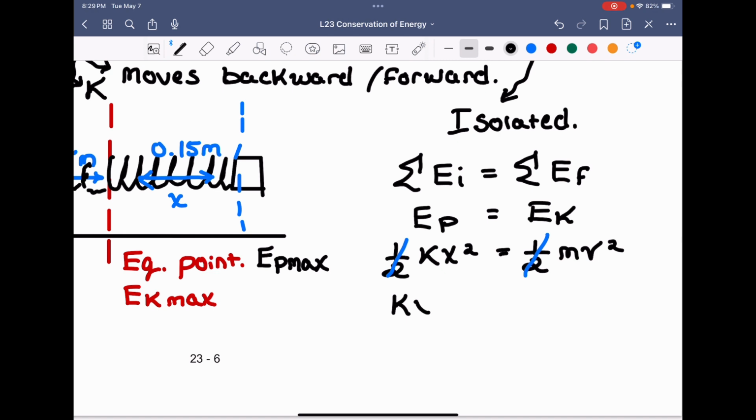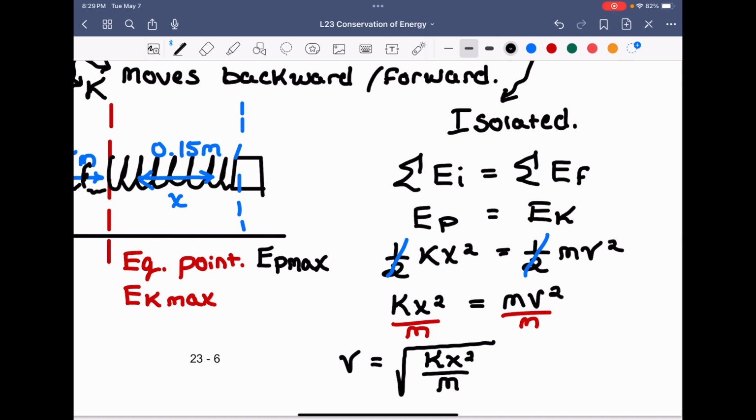Now this is going to leave us with kx squared, which is equal to mass times the speed squared. I'm going to divide both sides by mass. And when I divide both sides by mass, I get that the speed is equal to the square root of kx squared divided by mass, which is equal to the square root of, and now we're going to plug in all our values here.